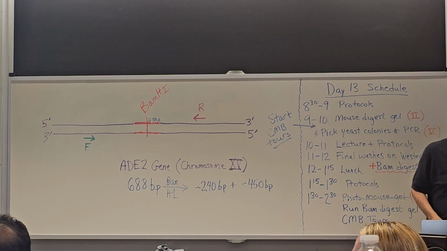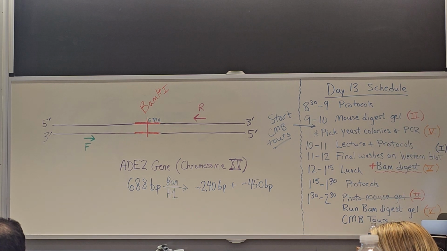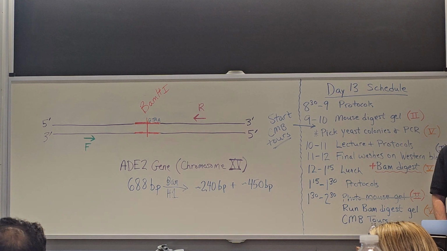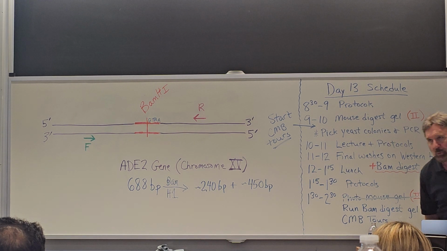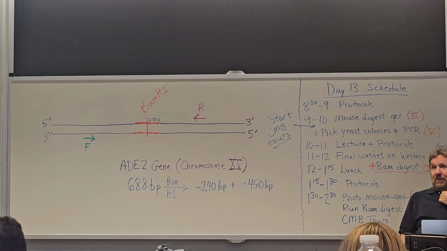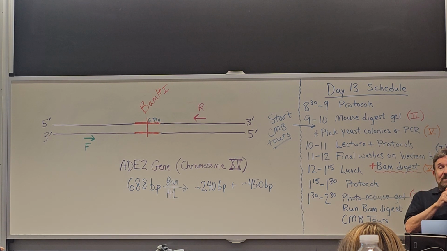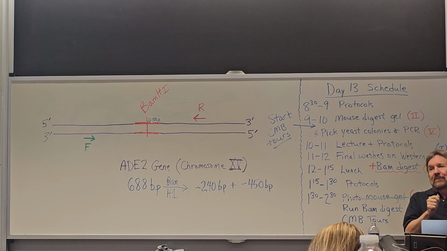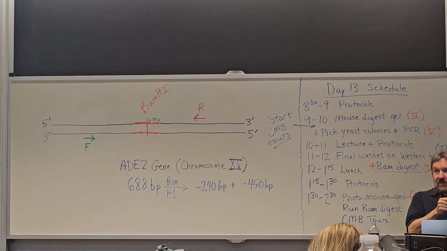Practically, how many colonies would you pick randomly? Right, so it depends on how efficient your CRISPR is. Different CRISPR systems, whether you're using Cas9 or whatever, will have different efficiencies. It's also different depending on your cell type, the organism you're working with.